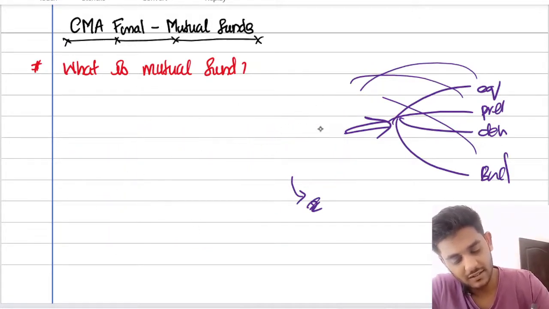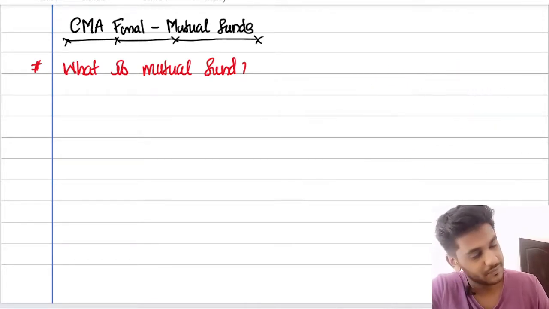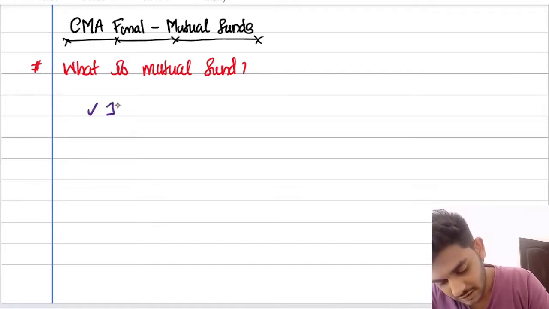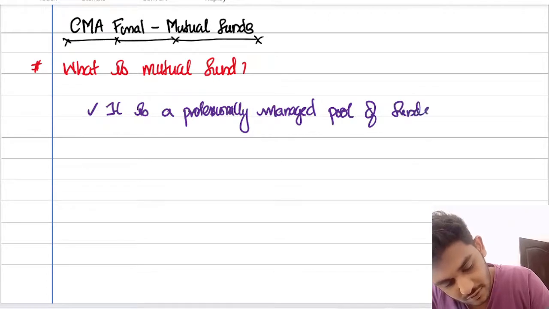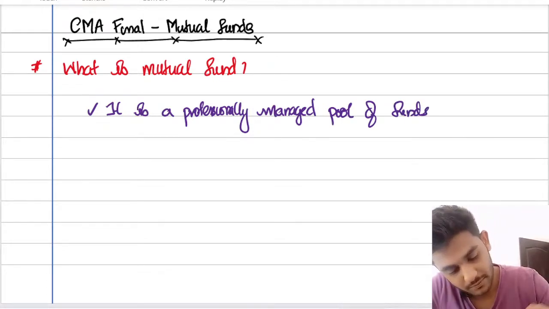So let's put it into words. Okay, so what is a mutual fund? It is a professionally managed pool of funds. So what does it mean? Professionally managed pool of funds.